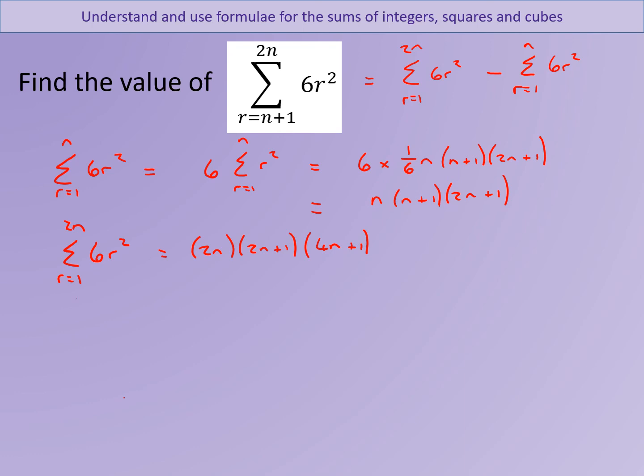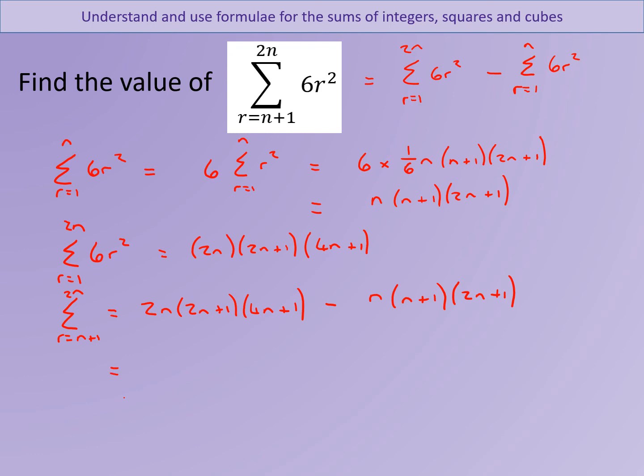So to find the sum that we are looking for, the sum from n plus 1 to 2n, we're just going to find the difference between those two terms. So it's going to be 2n, 2n plus 1, 4n plus 1. That's the sum from r equals 1 to 2n, minus n, n plus 1, 2n plus 1. So before we multiply any of this out, we're going to look and see if we can find any common factors to pull out.